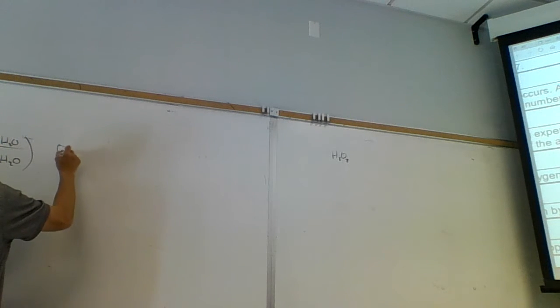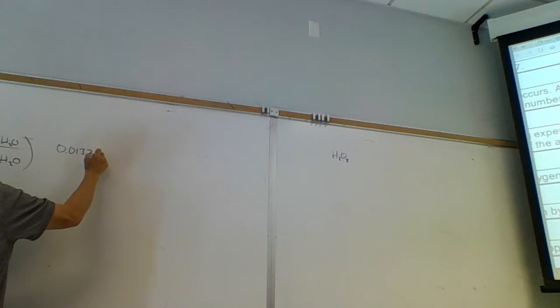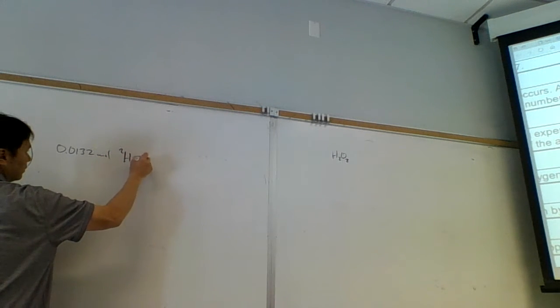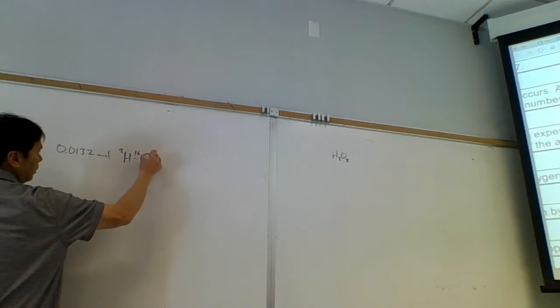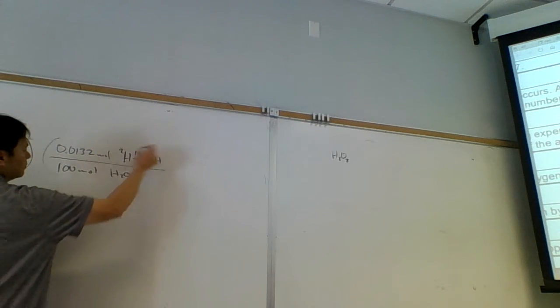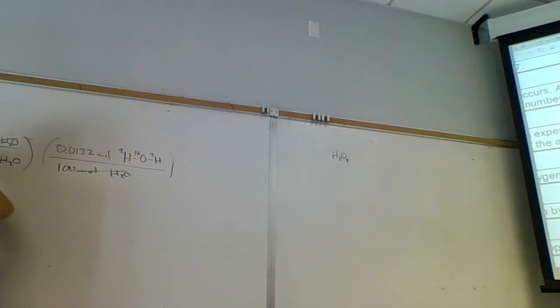So we're going to have 0.0132 moles of what? For every 100 moles of H2O. And so the moles of H2O cancel. That leaves us with moles of that specific water molecule.